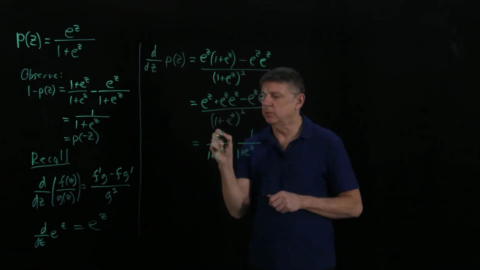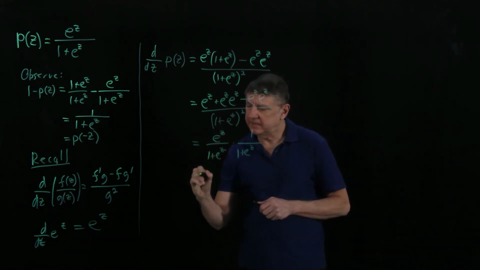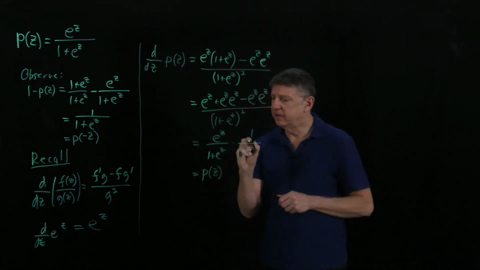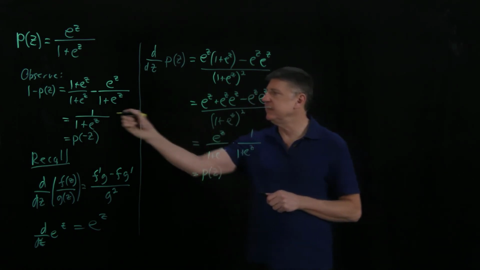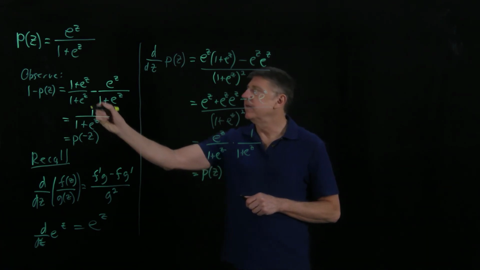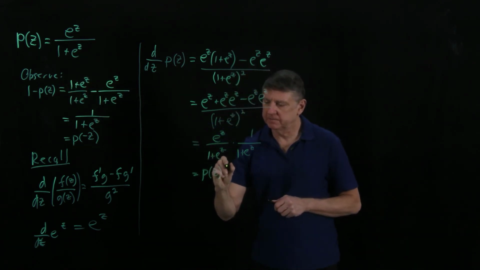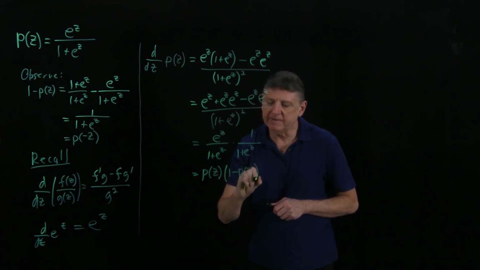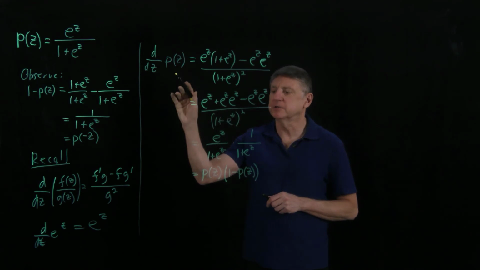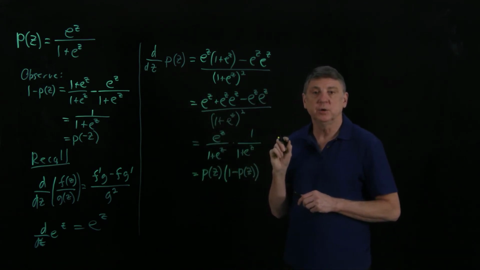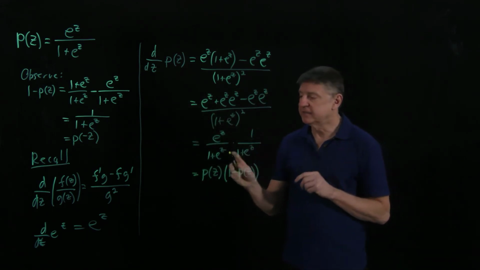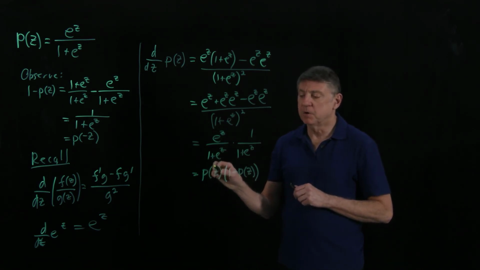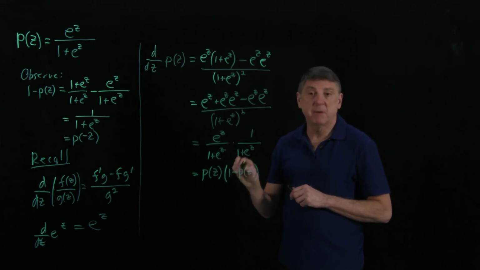And what is that? Well, that is the probability of a score. And what is 1 over 1 plus e to the z? That is 1 minus the probability. So if I need to compute the derivative of a logistic function, all I need to do is compute this probability, then multiply that probability by 1 minus that probability.